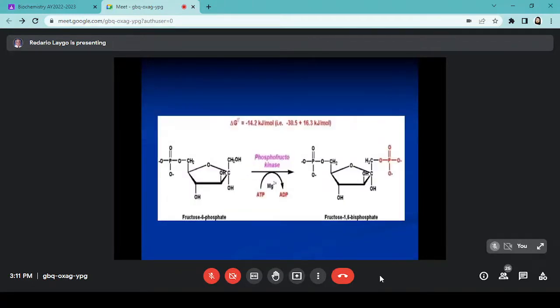Now, this is the energetics of the reaction. Synthesis of fructose 1,6 bisphosphate is an endergonic reaction. It needs an input of energy. By how much? Positive 16.3 kilojoules per mole. While the hydrolysis of ATP to ADP and inorganic phosphate liberates negative 30.5 kilojoules per mole.